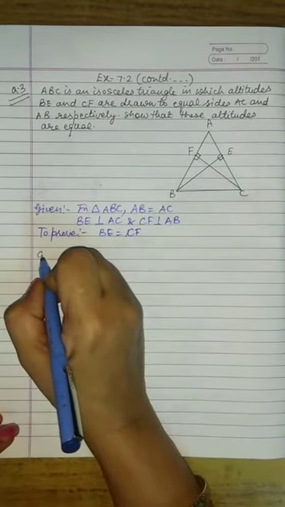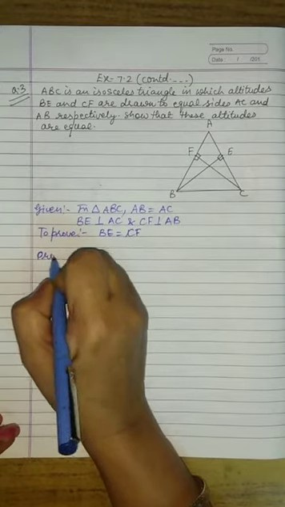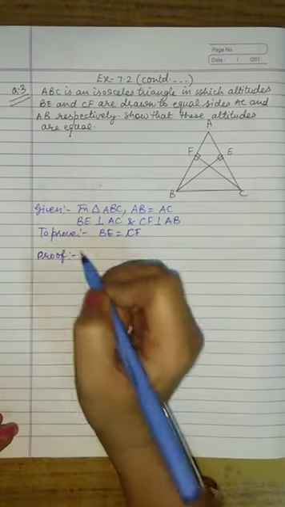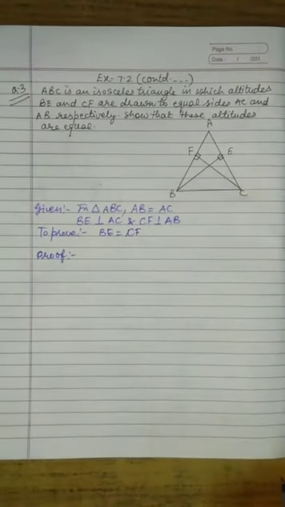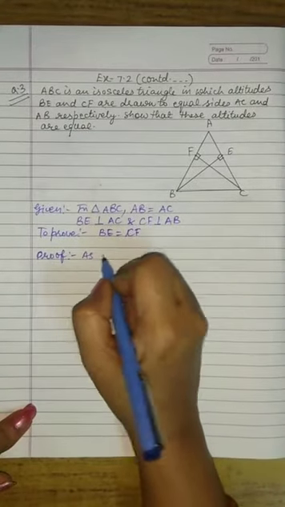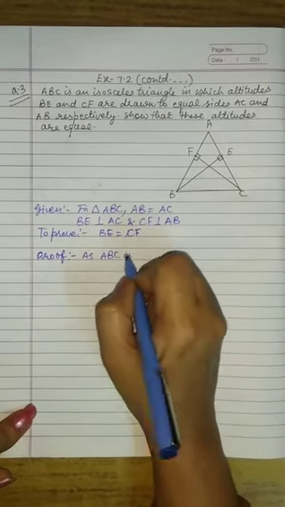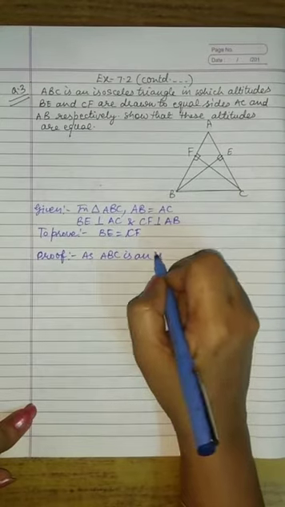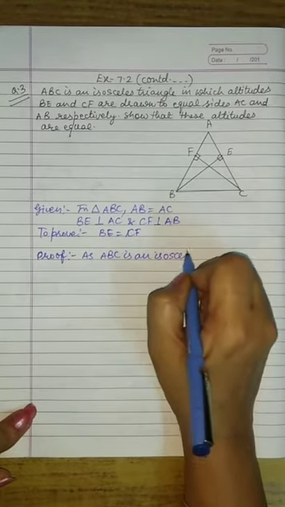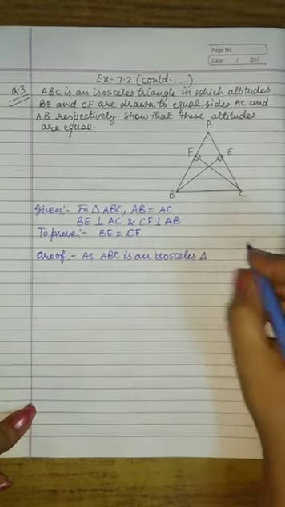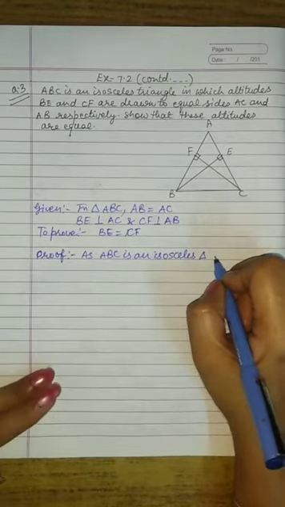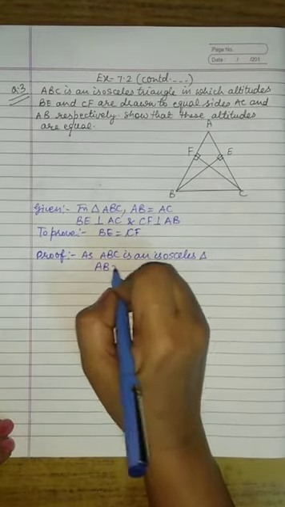Now we will write the proof. How are we going to prove it? As ABC is an isosceles triangle, it is given in the question, AB is equal to AC.